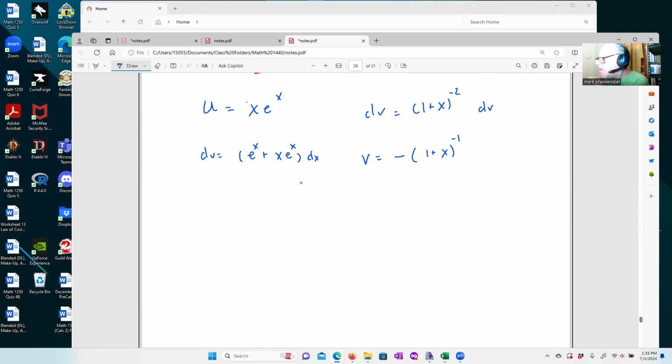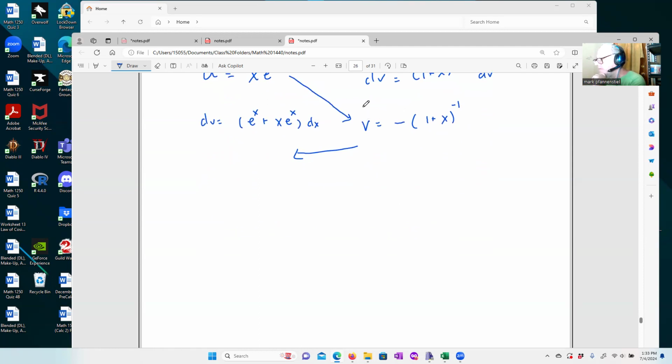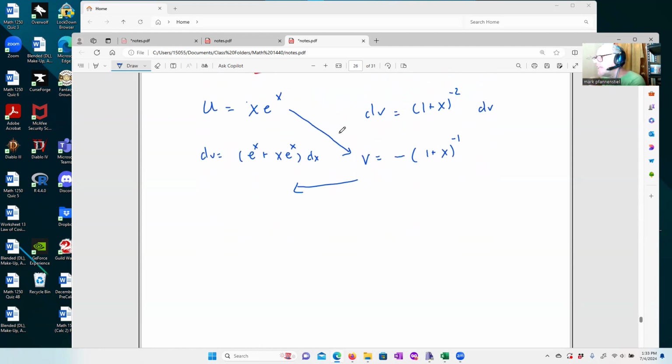Okay, but now we have our integration by parts set up. Let's go ahead and see what happens. So again, we have our uv minus our integral of v du. Again, I would urge you to draw the box and set up a pattern, so it's got a shape to it, and memorize the pattern rather than memorizing the formula. Well, it's not too bad, it's just product rule backwards.